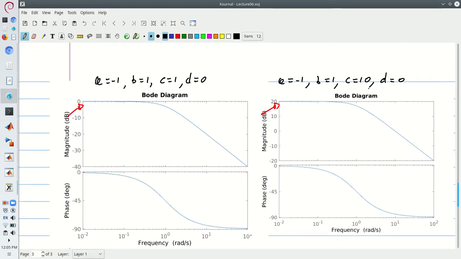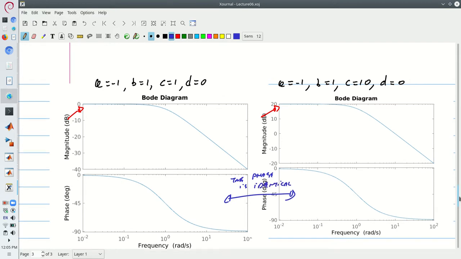So if we make C 10 times bigger, the logarithm is just increased by 1. We multiply that logarithm by 20, so we have 20 more dB. So this is the only difference, and instead the phase is identical.